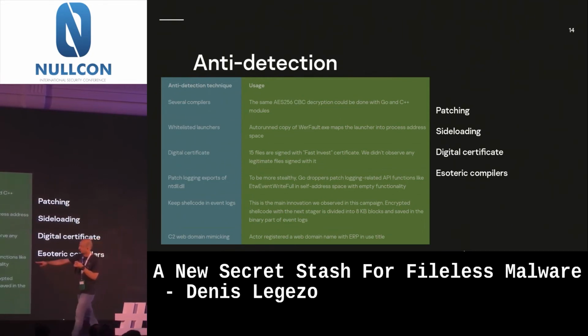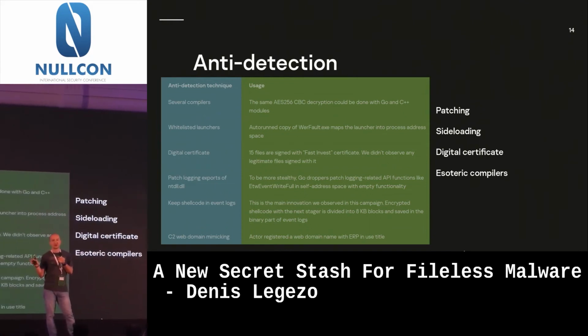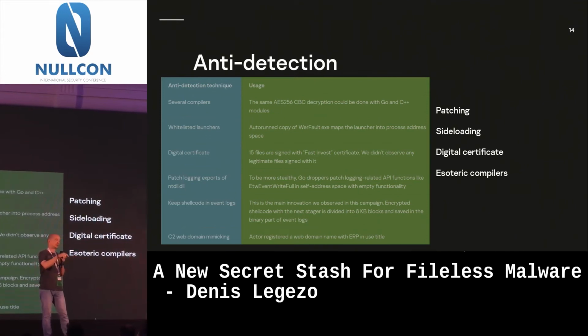And also, let me emphasize the very last part regarding the C2 name. Seems like those guys did their homework well. They made initial recon, understood which DLP system was on board in this corporate environment, understood the name, and registered a web domain with a very similar name to this alleged system in the environment.